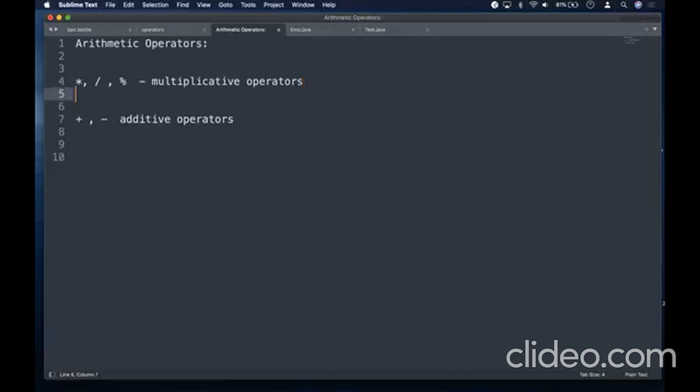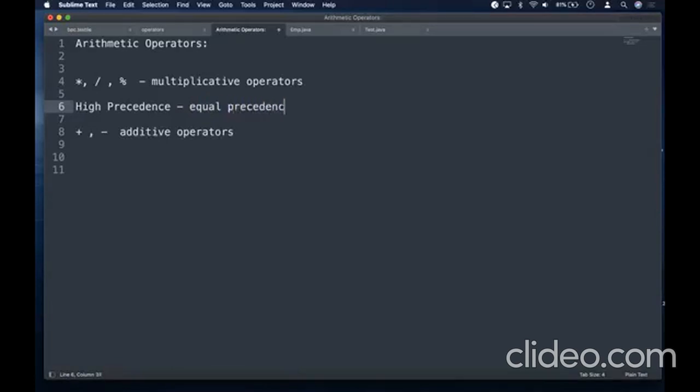The multiplicative operators have high priority, or high precedence, and they have equal precedence as well. That means none of the operators is inferior or superior to the other. They all have equal priority. Usually, this priority is higher than plus and minus.